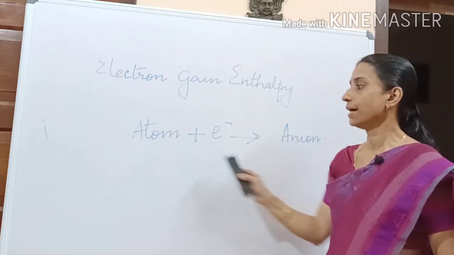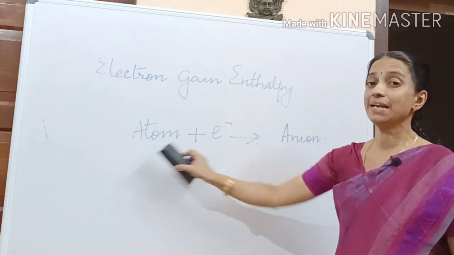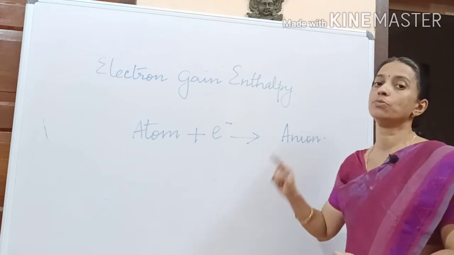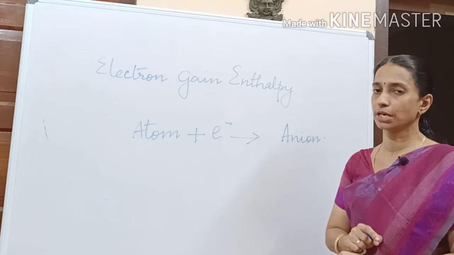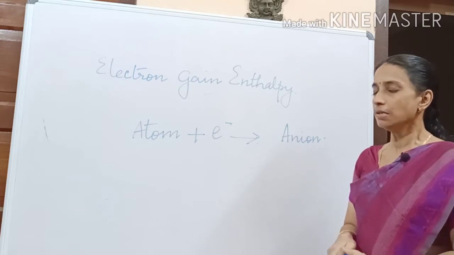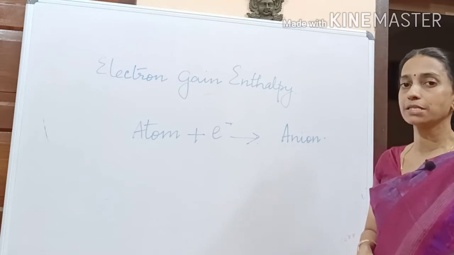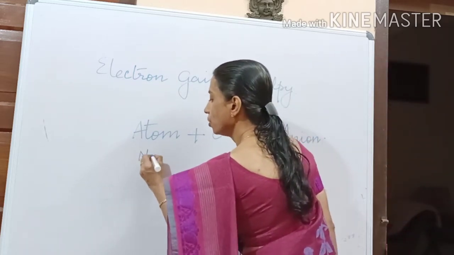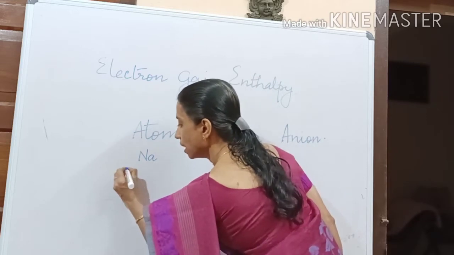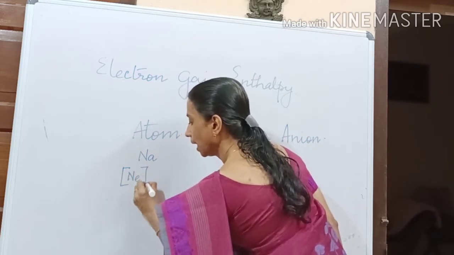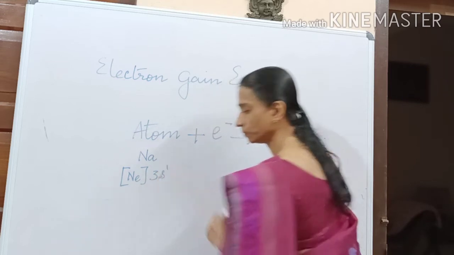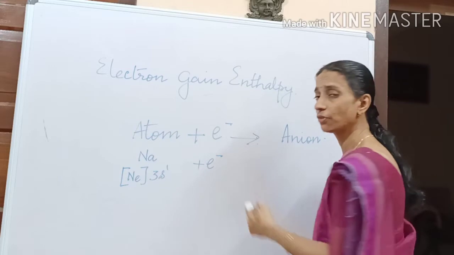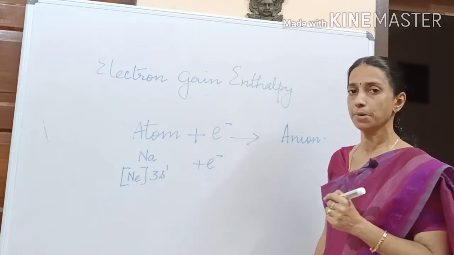In all cases, the addition will not happen in the same manner. It depends on the electronic configuration of the atom. Suppose we take a first group element, sodium. Sodium, you know, has the configuration neon 3s1. By adding one electron, you have to check whether it gains more stability or not.